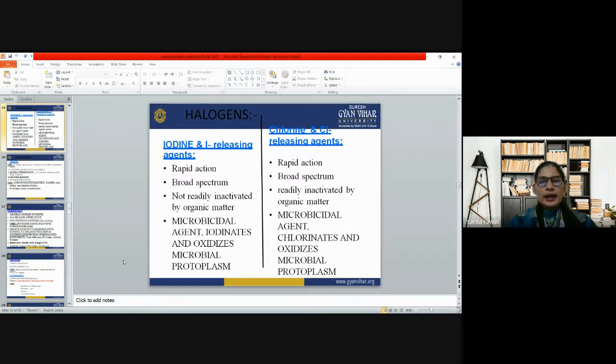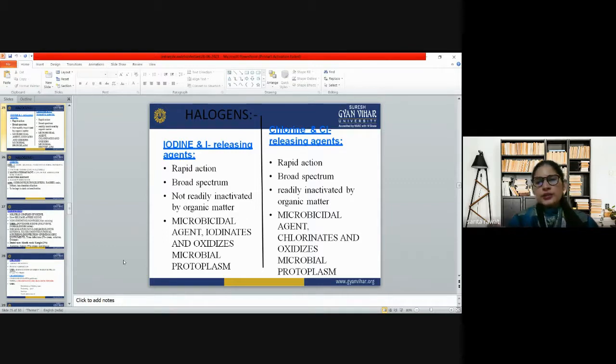Now we have halogens: iodine and chlorine releasing agents. Iodine has rapid action, broad spectrum, and is not really inactivated by organic matter. It is a microbicidal agent that oxidizes microbial protoplasm.